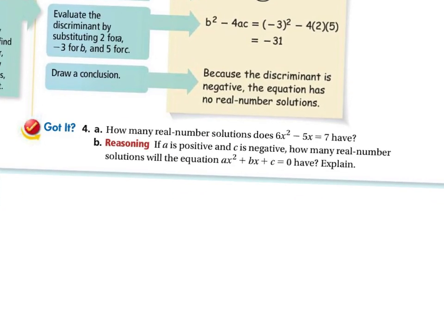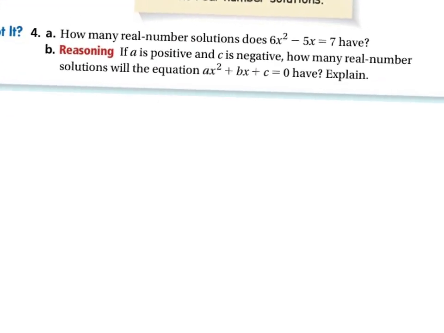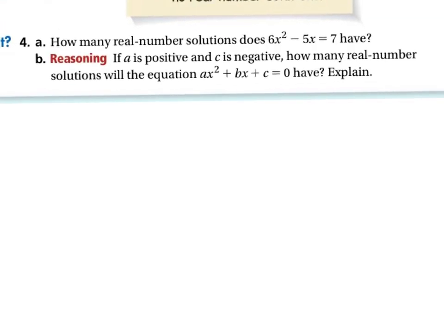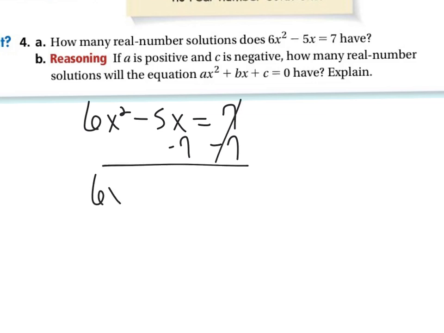So same idea, if you look at 4a, they're asking how many real number solutions this equation has. I'm just going to rewrite it down here. First thing, we need to subtract 7 on both sides. If you don't subtract 7, you're not going to have the right numbers, and you're going to potentially get the wrong answer.